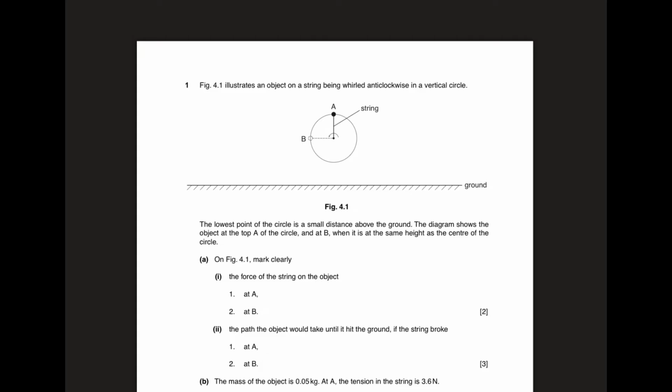So we have to mark the force. Of course you should expect to mark in this particular way. So at A, force acting towards the center of the circle. At B, just mark like this, acting towards the center of the circle.